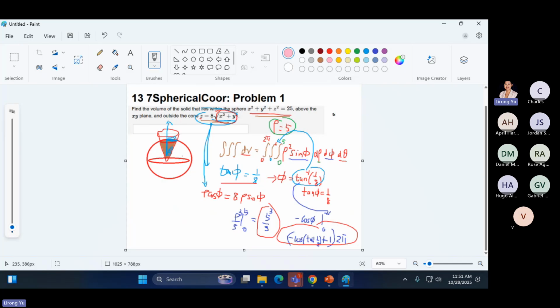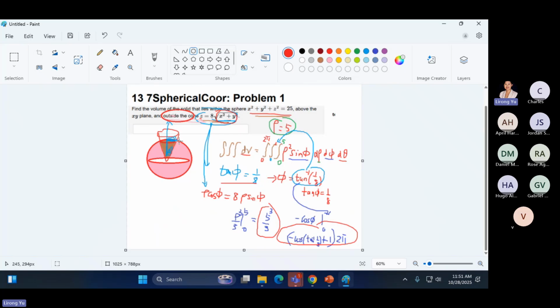Not inside the cone, outside the cone. So we are doing this instead. Outside the cone. What I calculated was actually inside the cone. All right, since I already did the calculation, I don't want to redo it.